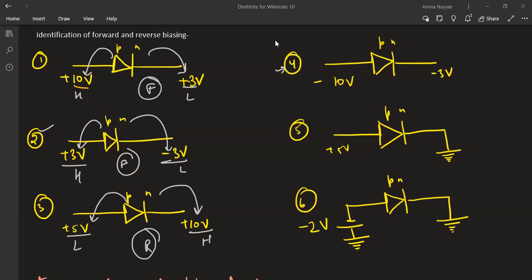Okay, Fahad, Wafia and Priyadarshini are right. See, -10 volt, -3 volt. 10 is greater than 3, but here we have a minus sign. So -3 is higher while -10 is lower. So again opposite got connected, so reverse bias.